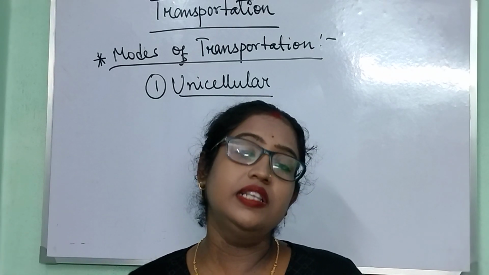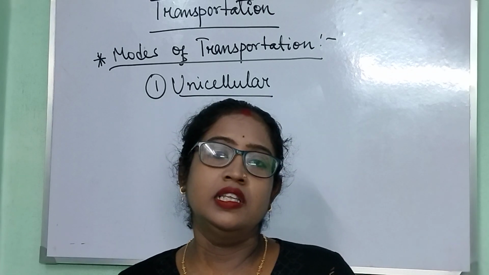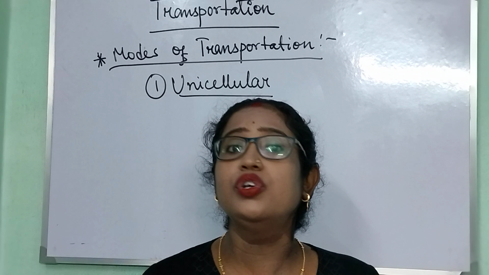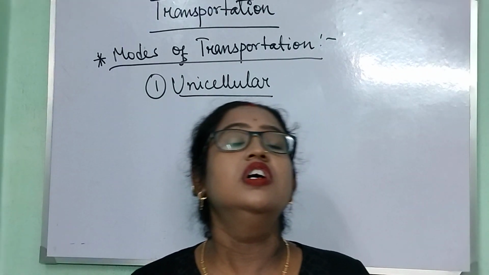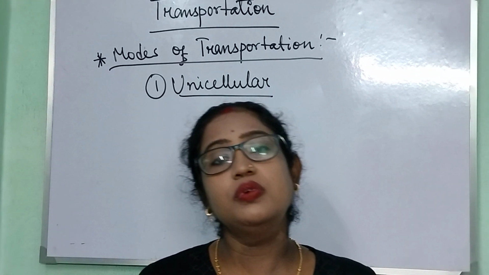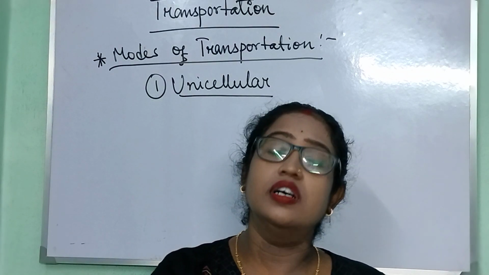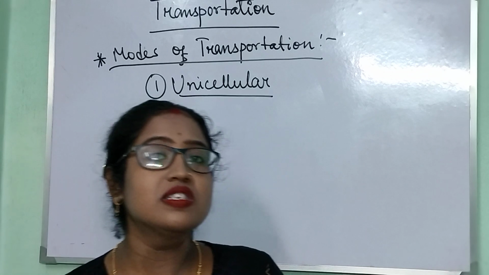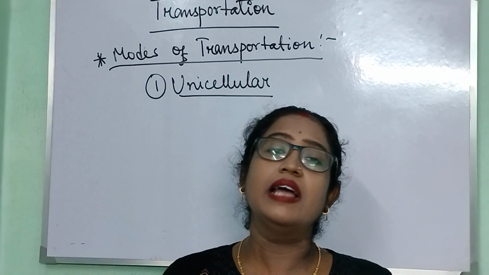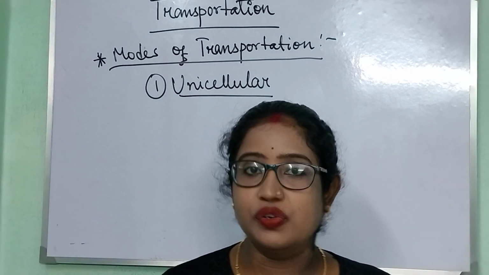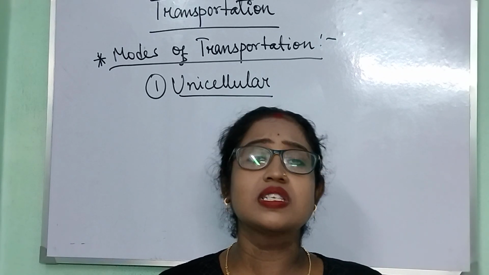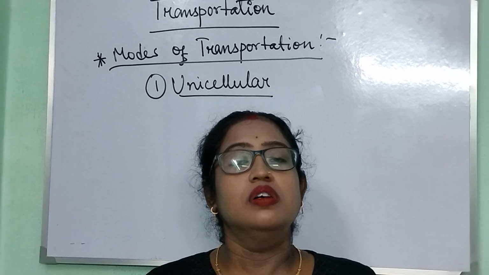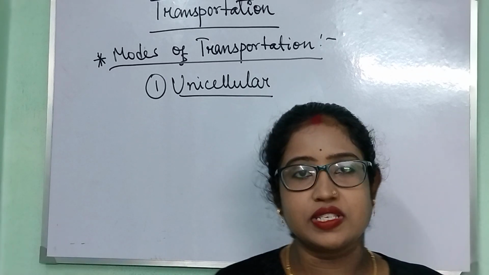So, in their body, the essential things like food, oxygen, and water are taken into their cell by the process of diffusion. They also discard waste material and carbon dioxide via this diffusion process.